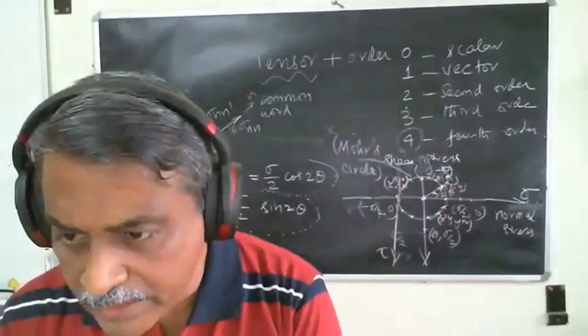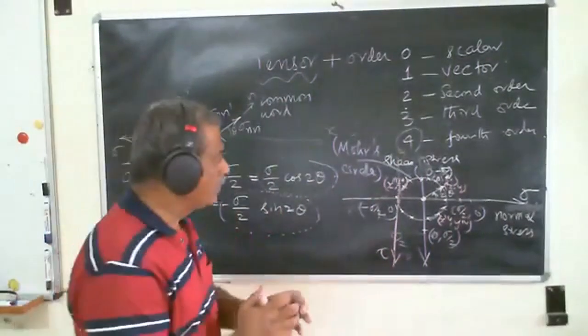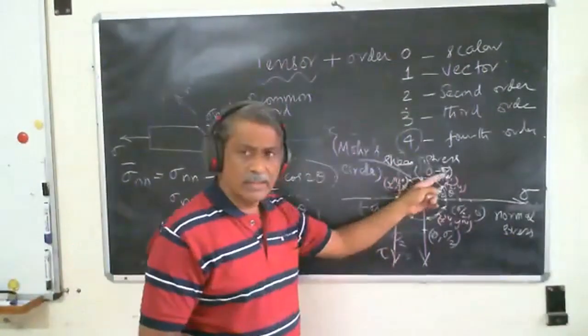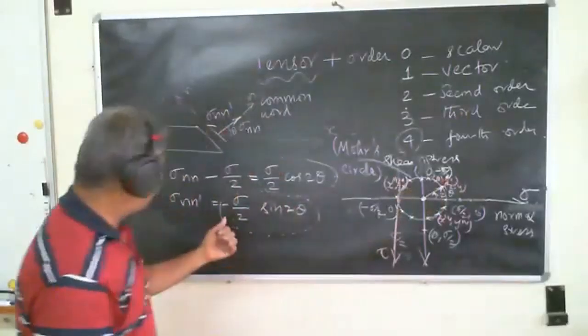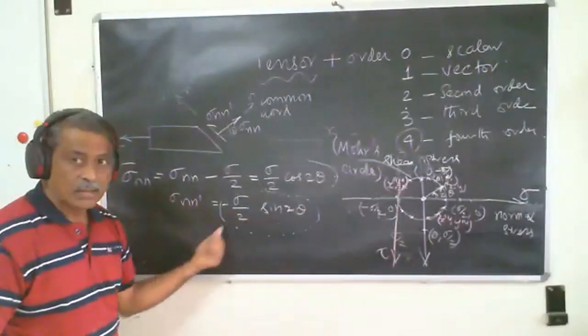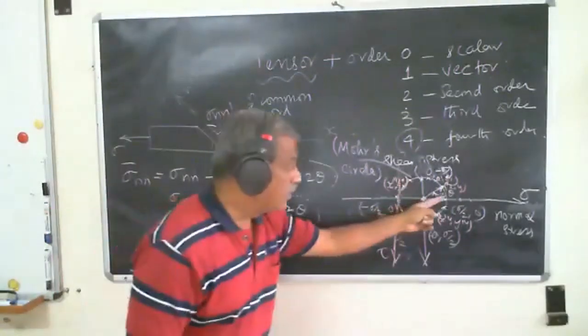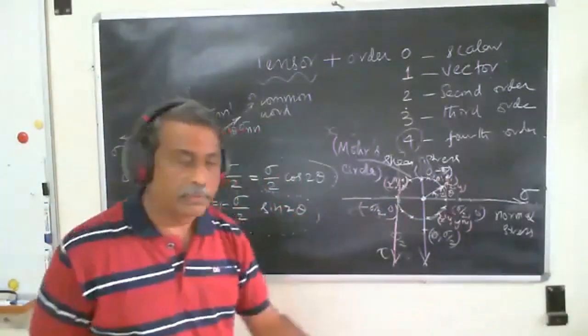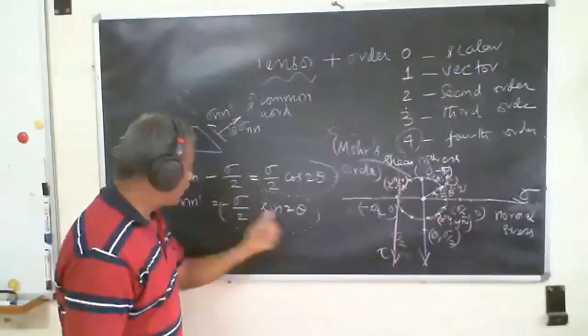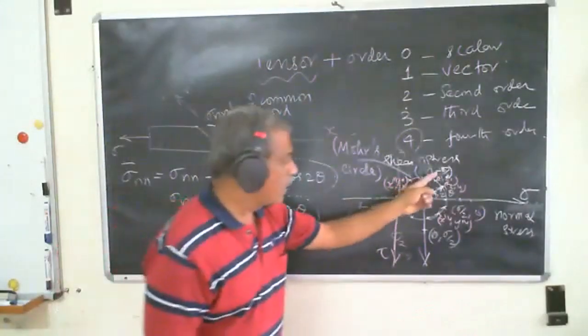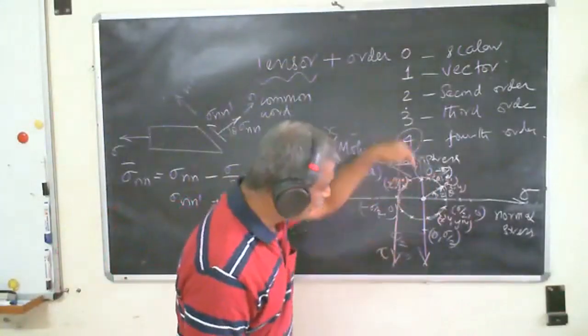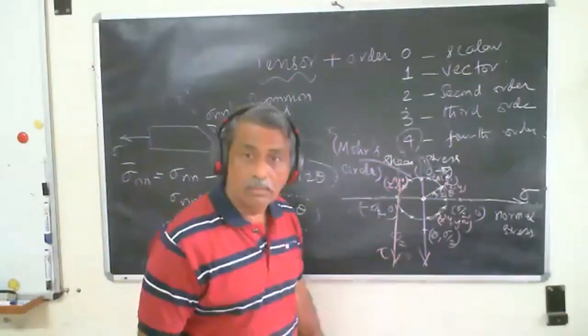So, sir, why is it 0, sigma by 2? 0, sigma by 2 is the shear, right? We got this from here. Is it not? 2 theta. When 2 theta becomes pi by 2, then this becomes minus sigma by 2, as I have drawn here. Remember, the axis that I have drawn here is downward now.